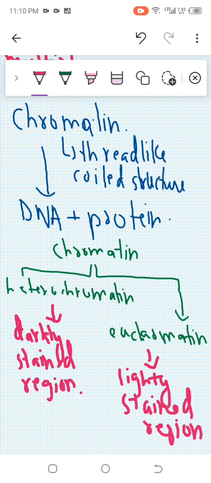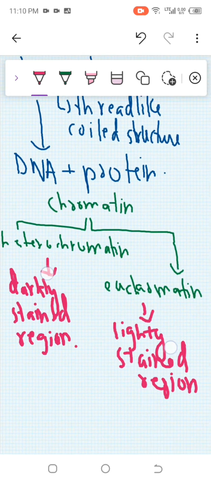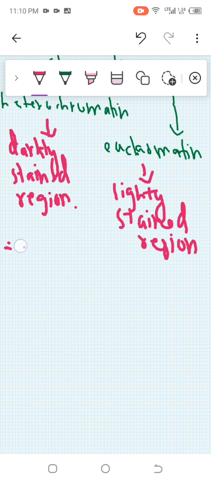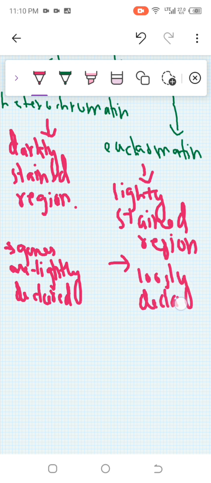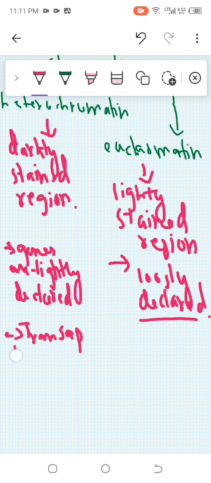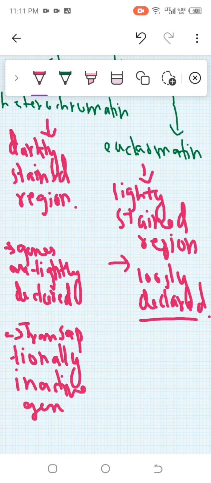In heterochromatin, genes are tightly packed, one after another. In euchromatin, genes are not tightly packed, they are loosely packed. In heterochromatin, transcriptionally inactive genes are present, which do not form RNA.